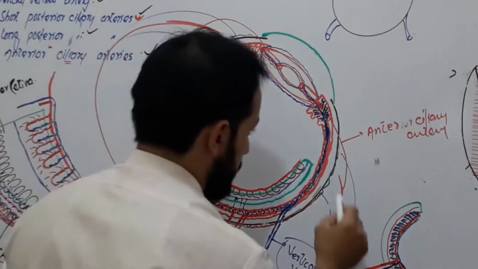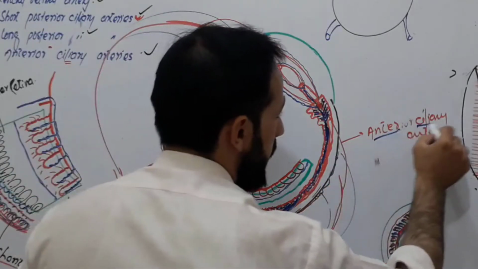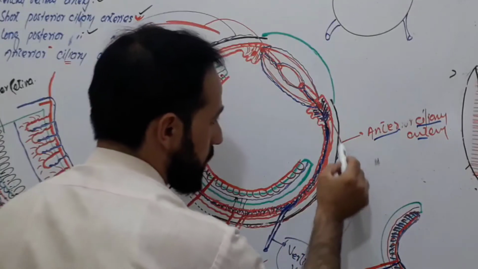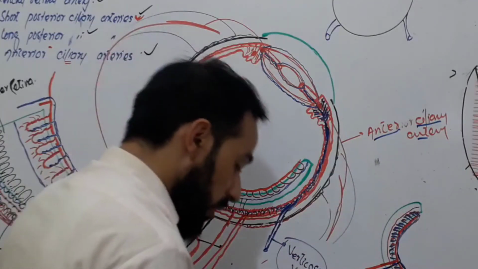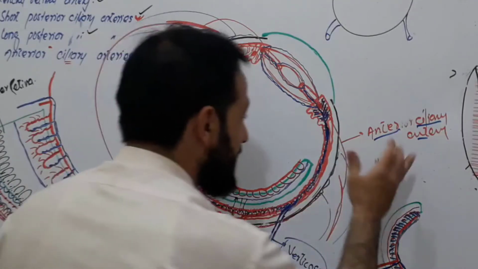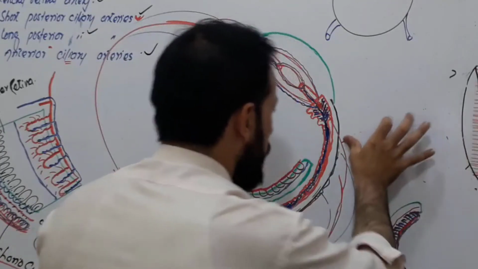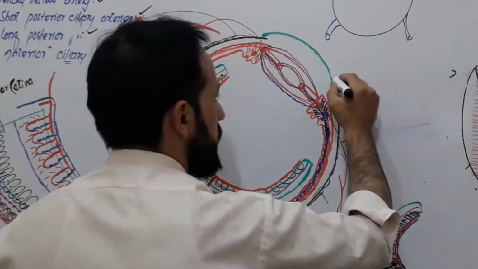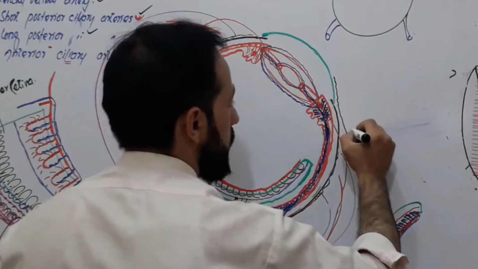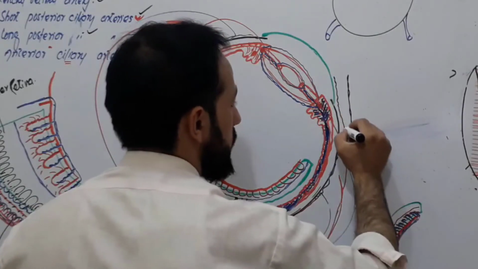Next, look carefully. Here you know that the anterior ciliary artery was a branch of the muscular artery. Now, if you want to go a little bit in advance, look carefully. You know that there is your conjunctiva. Here is our conjunctiva.